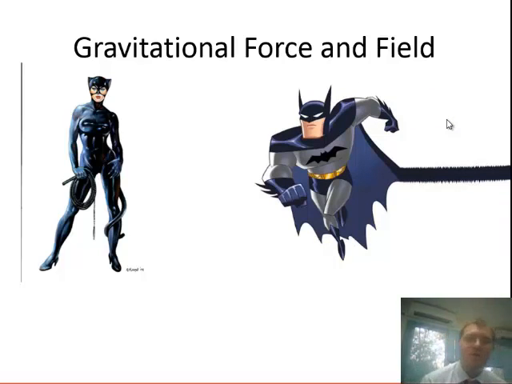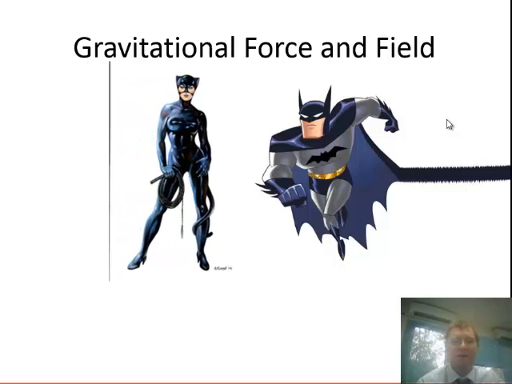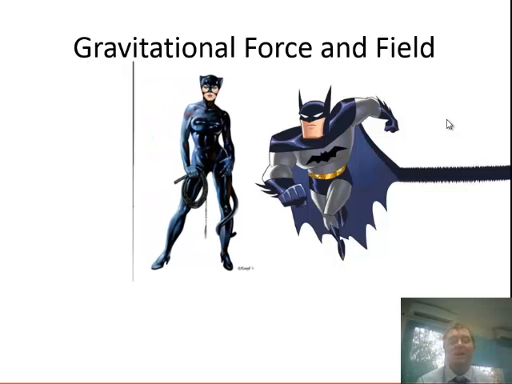All other masses are attracted to Catwoman due to Newton's calculations of gravitational force. However, we've also got to recognize that at the same time there is an equal attraction between Catwoman and that of Batman, because Batman has a mass, and therefore there will be a gravitational force attracting Catwoman to Batman as well.